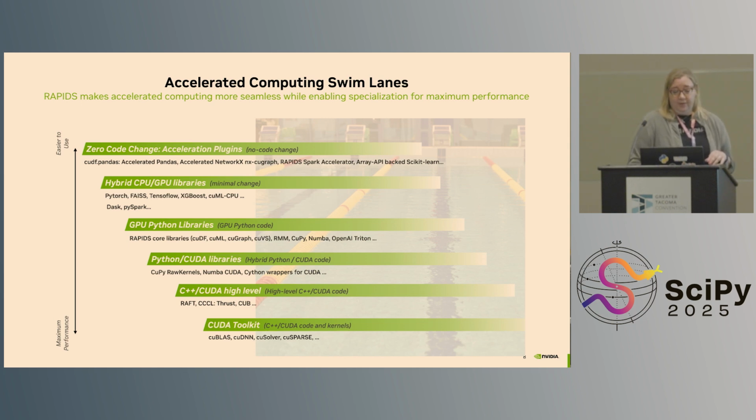And then from there, moving down to the C++ CUDA high level, this is where we start getting down into the C++ side of things. Like I said, where we're going with the CUDA Python team, we don't necessarily want Python developers to have to write C++ in order to get the performance that they want out of CUDA.